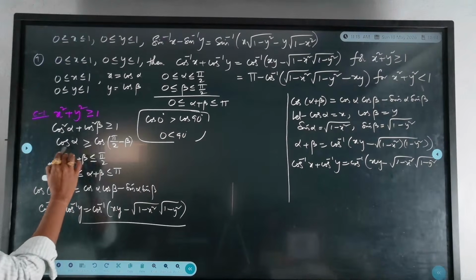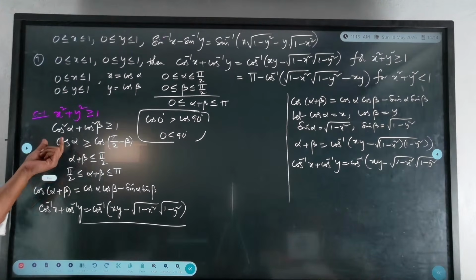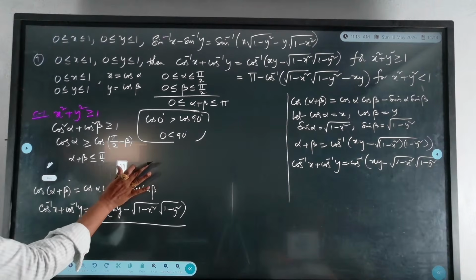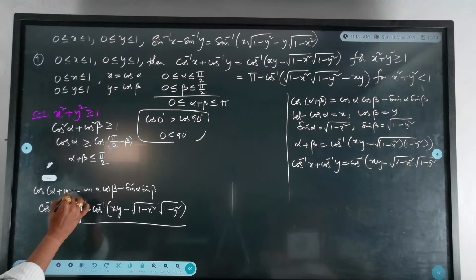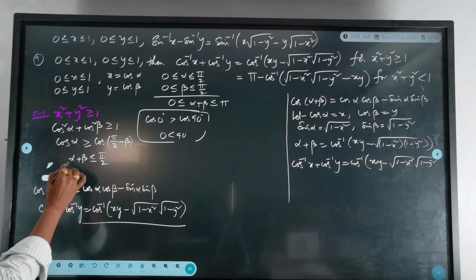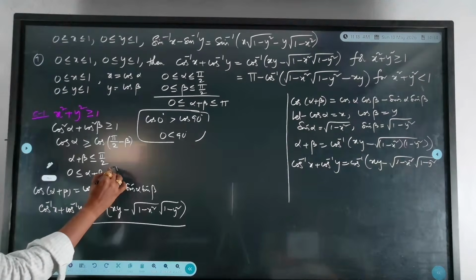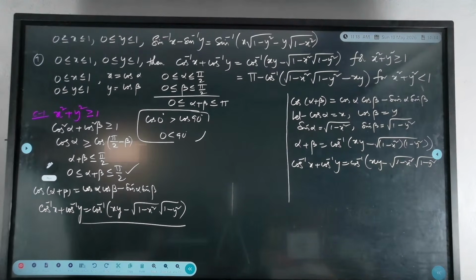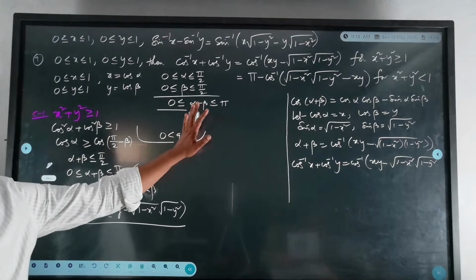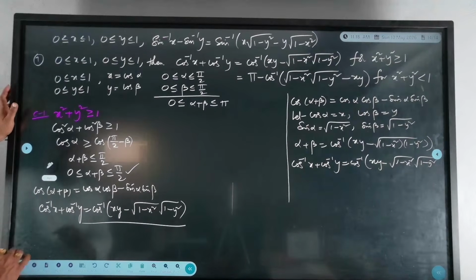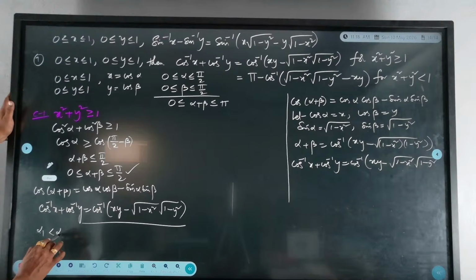In the same way here, cos alpha is greater than cos of pi by 2 minus beta, so alpha is less than pi by 2 minus beta. So alpha plus beta is in the first quadrant, so 0 is less than or equal to alpha plus beta less than or equal to pi by 2, because cos is a decreasing function. It means if alpha 1 is less than alpha 2, cos alpha 1 is greater than cos alpha 2.